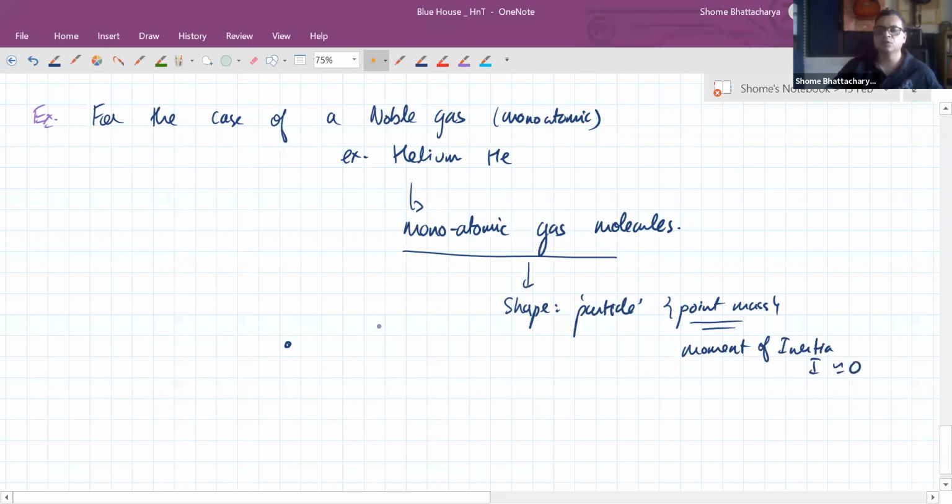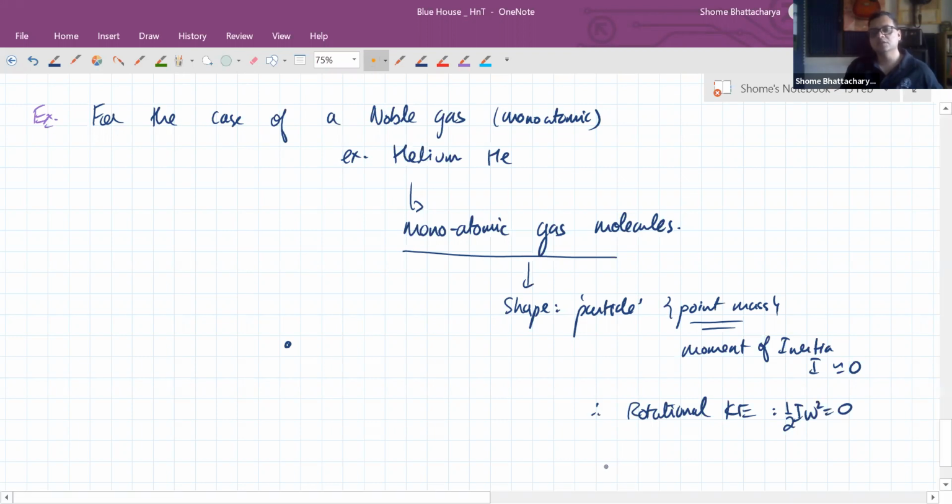If it's a sphere, okay, you can say it's 2 by 5 mr square or 2 by 3 mr square, depending on whether it's solid or hollow. But if it's just a single particle, then about its own axis, the moment of inertia is zero. So there is no rotational kinetic energy. So therefore, rotational kinetic energy, which is half I omega square, is zero.